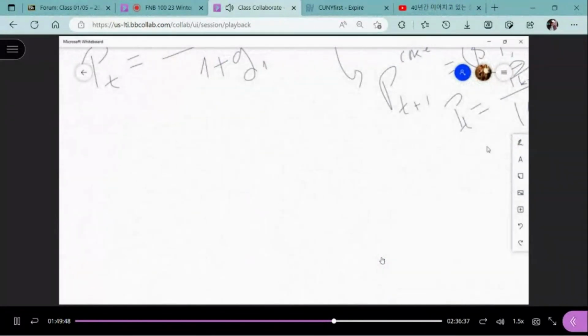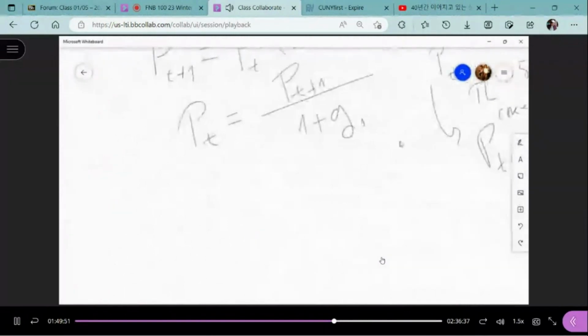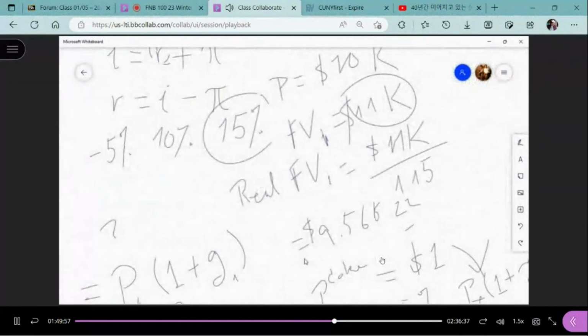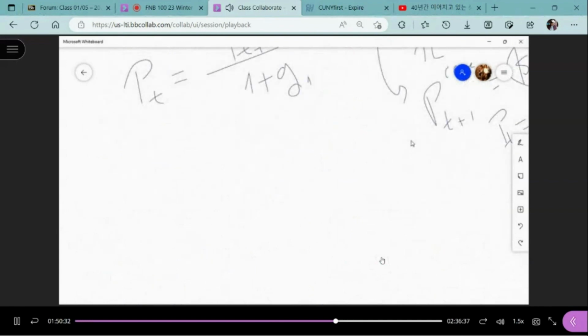Real interest rate is a very important concept because inflation erodes, inflation mitigates the interest rate that you have to pay. And think about it, any positive inflation, there are possibilities.